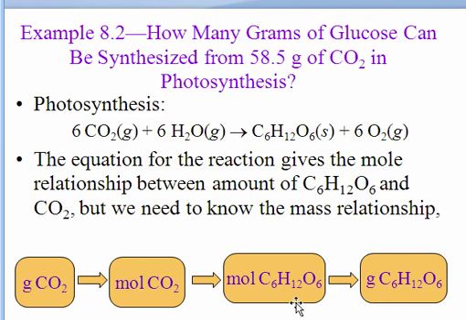Our answer will then be in moles, and to get back to grams of glucose, we've got to multiply by its molar mass. So in mass-to-mass stoichiometry, we always take our mass, get to moles, use our mole ratio to get to our desired chemical, and then take our desired chemical to mass by multiplying it by its molar mass.